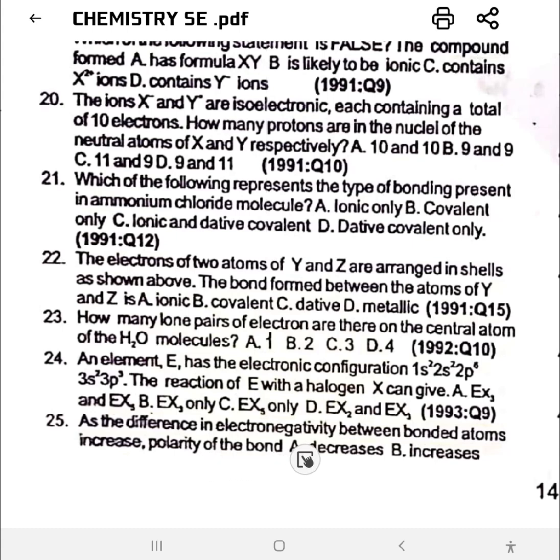As the difference in electronegativity between bonded atoms increases, polarity of the bond would increase too. Option B. So question 25 is option B.